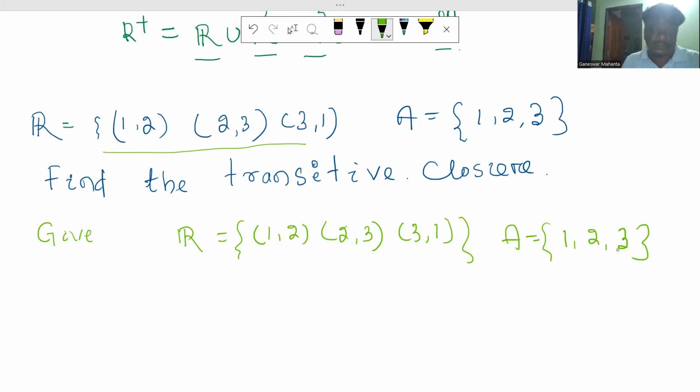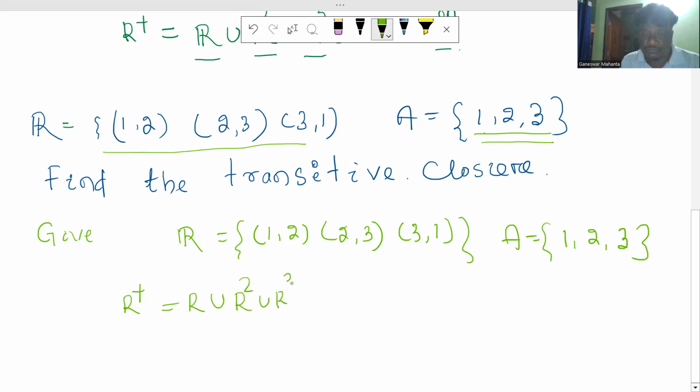When we convert into matrix and R square, the number of elements is 3. So R plus is required here: R union R square union R cube.